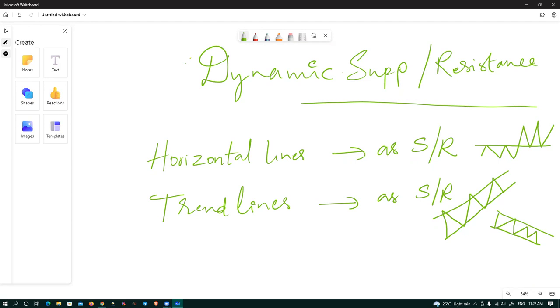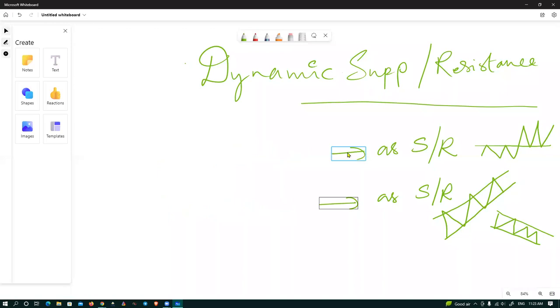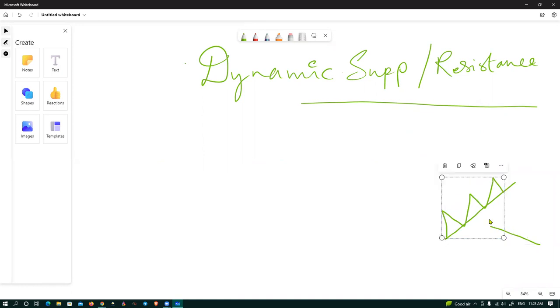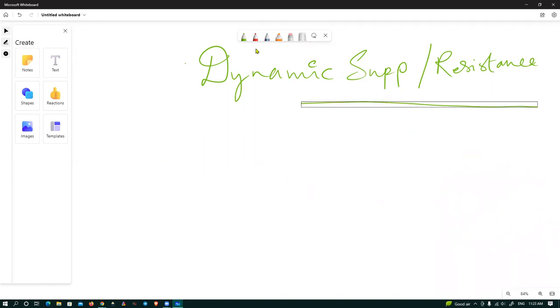So these were the two types of supports and resistances we have studied till now. Now we are going to study dynamic support and resistance, in the sense that it will keep drawing supports and resistances based on the changes in the market.